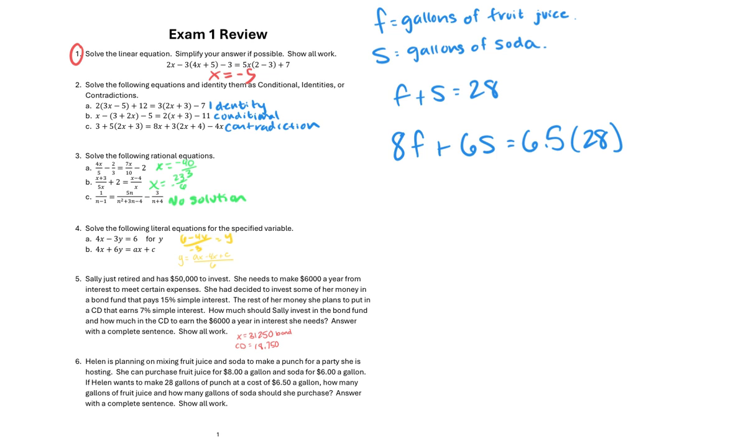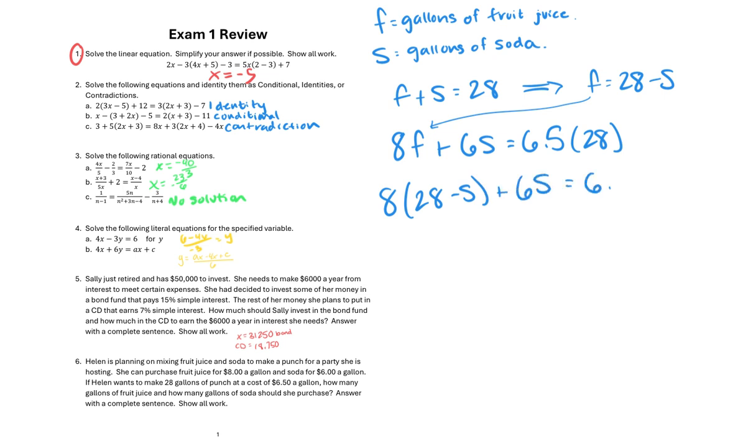So step one is we're going to solve this first equation for either F or S. I'm going to pick F. So if we solve this for F, we end up getting F is equal to 28 minus S. So now that we have an equation for F, we can plug that in to our function here. So we have 8 times 28 minus S plus 6S equals 6.5 times 28.